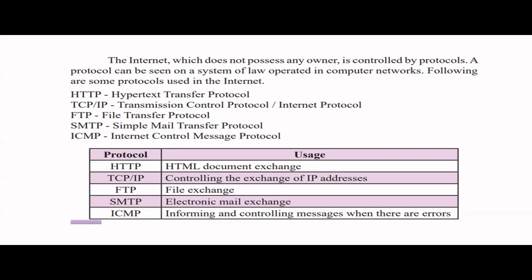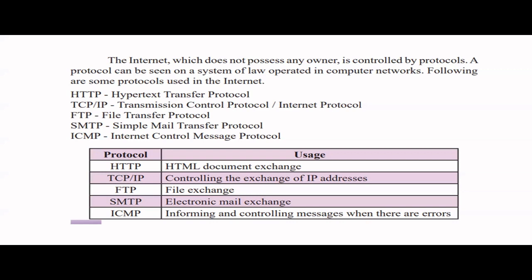The internet is a collection of many HTML web pages, and the exchange of these documents is handled by HTTP, and TCP/IP is basically for controlling the exchange of IP addresses.